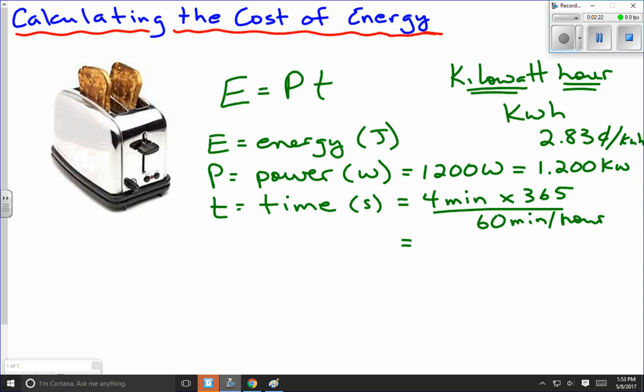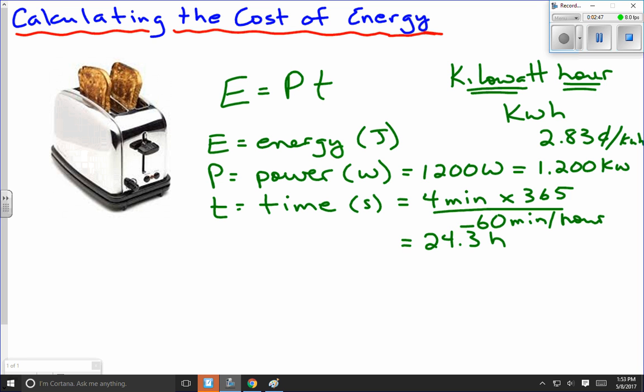So 4 times 365 divided by 60 gives me a total of 24.3 repeating, and that's going to be hours that I'm using this toaster.